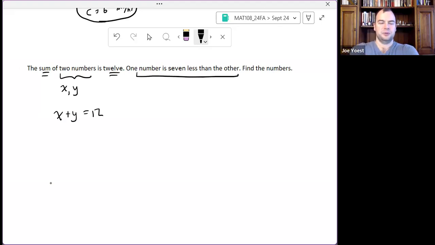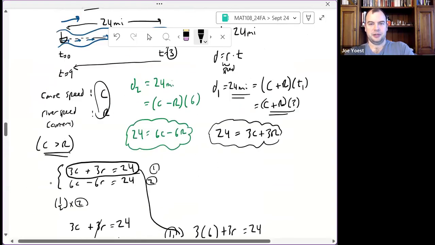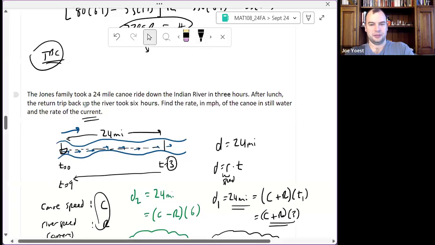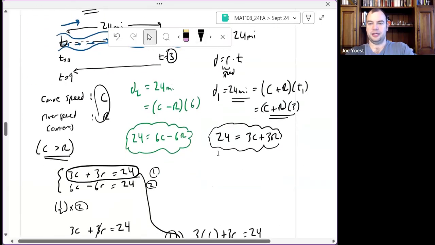When we're talking about the sum, things are commutative, everything is nice and symmetric. One number is 7 less than the other. Does it matter which one I pick to be 7 less than the other one? Does it matter whether x is the bigger number or y is the bigger number? Well, no, it doesn't seem like it. Up here, it was important that I get my signs and so on for C and R correct.